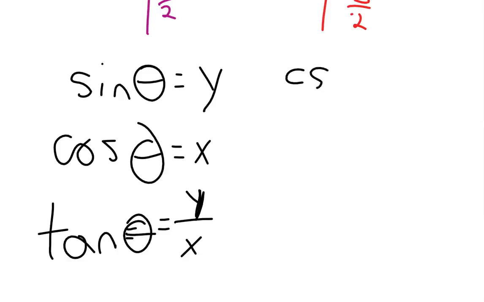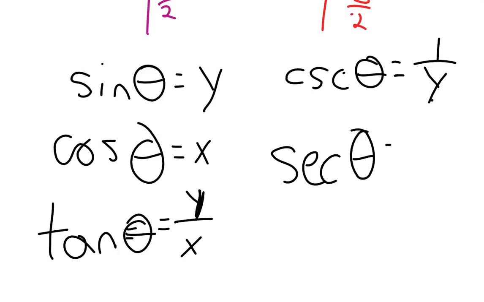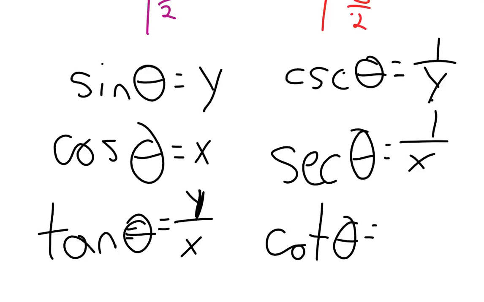And then our cosecant is going to be 1 over y. Secant is going to be 1 over x. Cotangent is x over y. So those will be important to know. Everything else is pretty simple when we're talking about the unit circle.